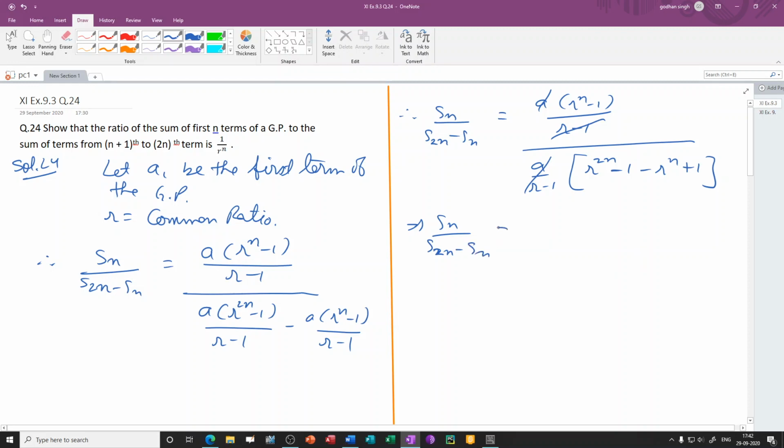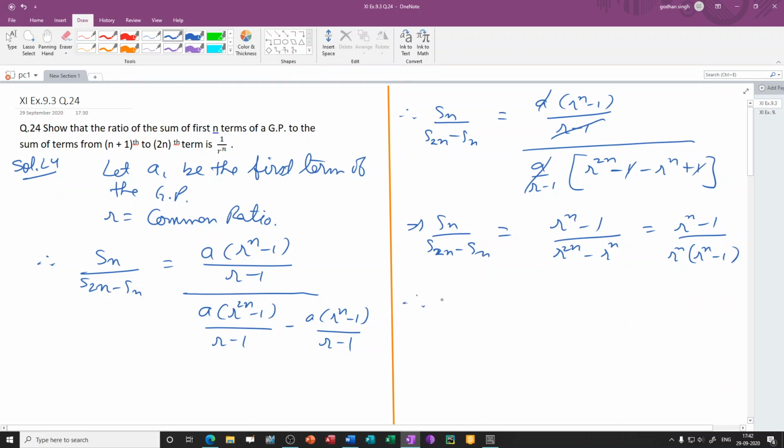So this implies Sn over S2n minus Sn equals r raised to n minus 1 over, this minus 1 plus 1 cancel out, so we'll be getting here r raised to 2n minus r raised to n, and from both we can take out r raised to n common. So this will give us r raised to n minus 1 over r raised to n times r raised to n minus 1.